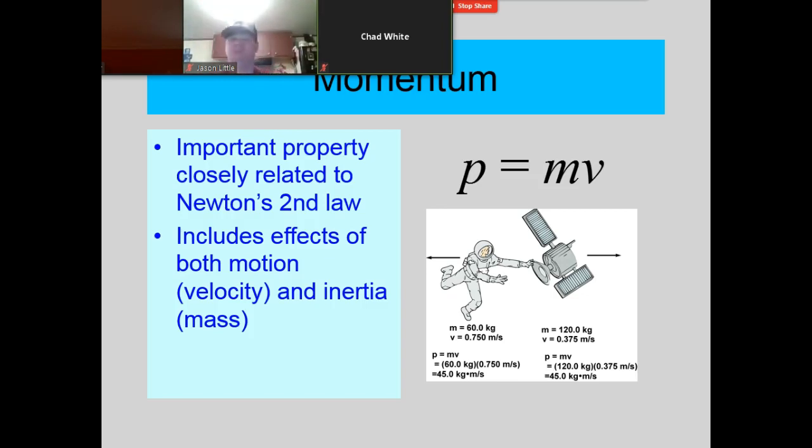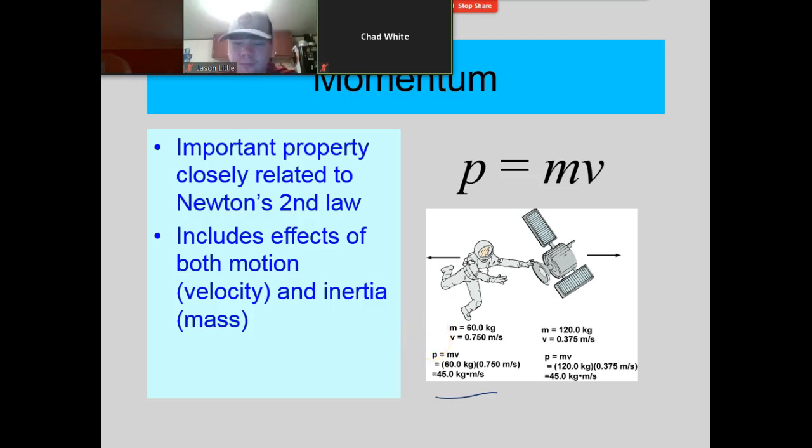Mass of the spacecraft was 120 kilograms with this velocity in the opposite direction of 0.375 meters per second. What was the momentum of the astronaut? 60 times 0.75. Do the math and it comes out 45.0 kilogram meter per second.